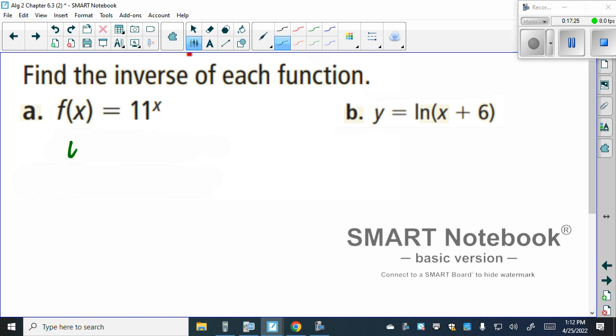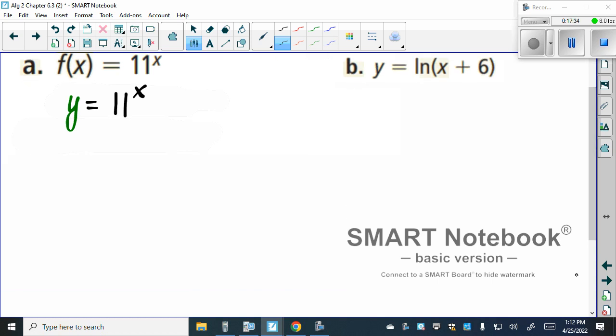Well, the first thing we'll need to do is rewrite this f of x as y. Now, because we're finding the inverse, we do need to switch x and y, which tells me x is equal to 11 to the y. And again, at this point, we're going to rewrite it as a logarithm. So if I'm going to apply a log to both sides, we're going to apply log base what? 11 to both sides.